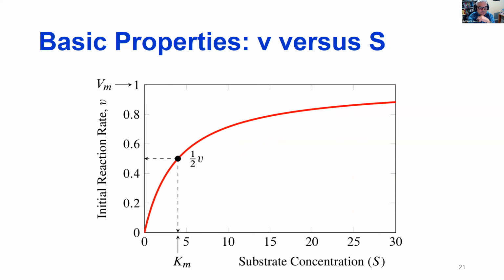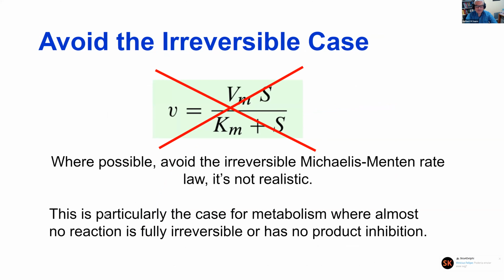It starts off linearly and then curves off and eventually saturates as all the free enzyme is sequestered as enzyme substrate complex. We can define the Km here as the substrate concentration that gives you half the Vmax. Now, this is the irreversible case.